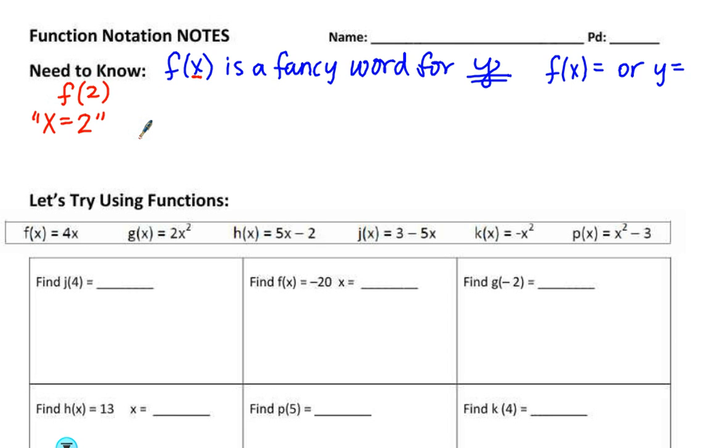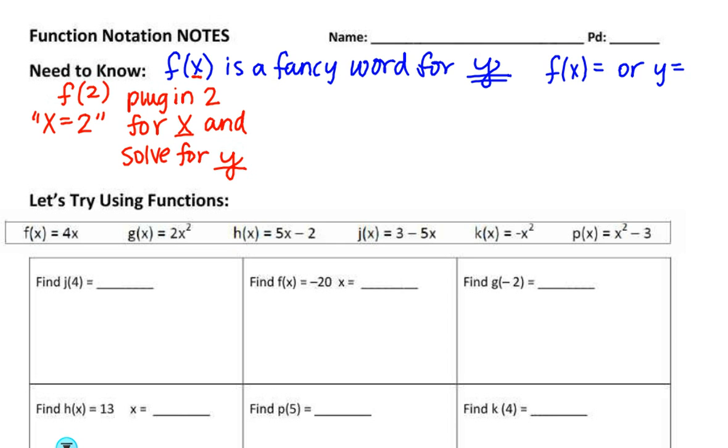So the way that we handle this is we plug in 2 for x and solve for y. So one of two things will happen. They either give us an x value and we find the y value, or they give you the y value and we find the x value.